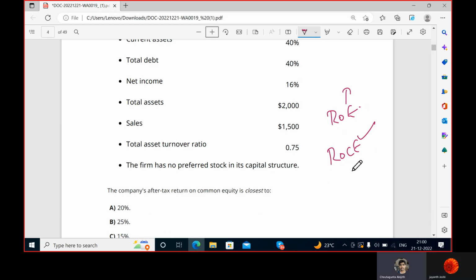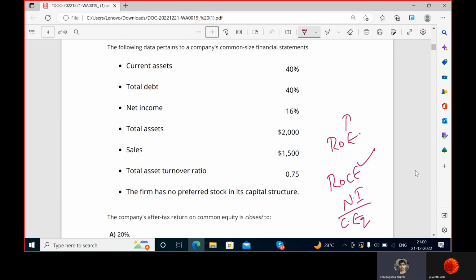We are measuring PAT divided by common equity. Yeah, net income or profit after tax by common equity. Come on, do this. So net income, where is net income? They won't give you such easy things. You have to find out.